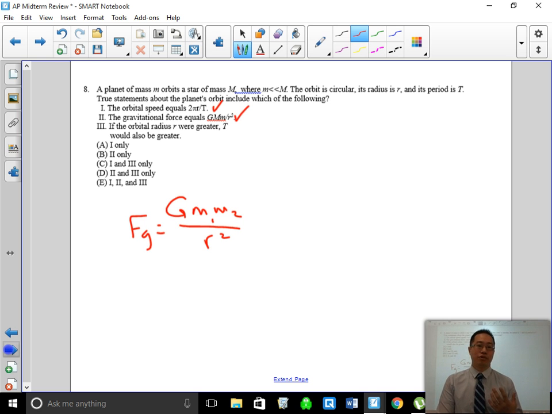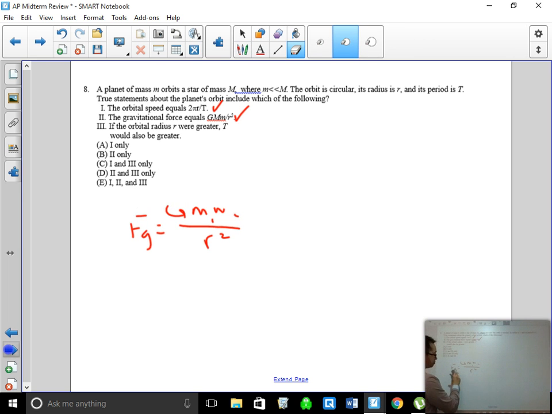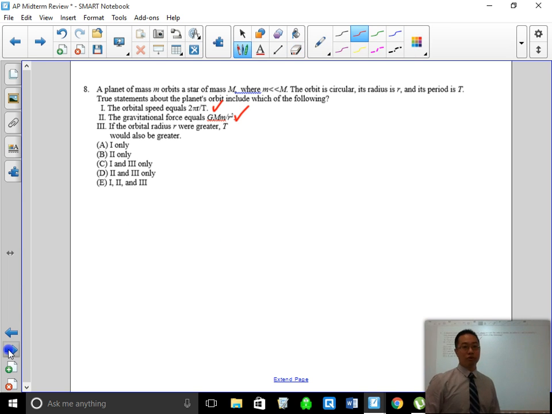But what does the radius have to do with the period? This one's actually a complicated question. So let's first recognize the fact that gravitational force is acting as the centripetal force.